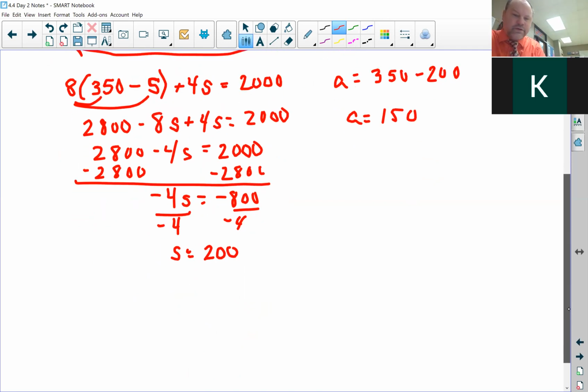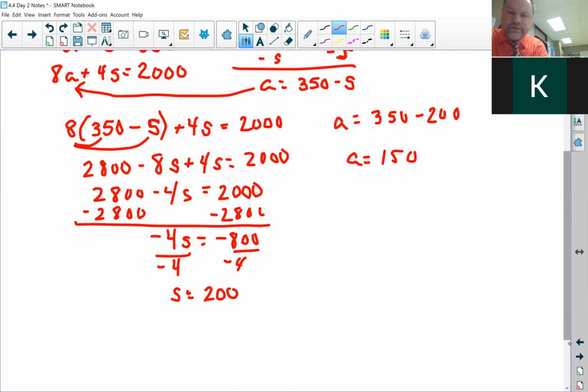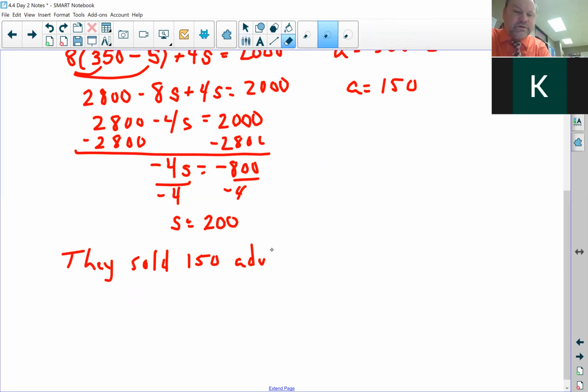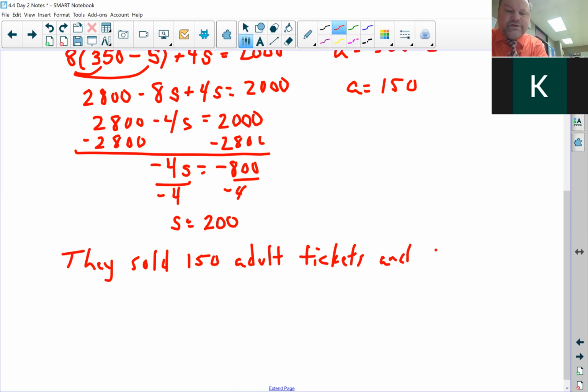So then final thing, they sold 150 adult tickets. And 200 student tickets.